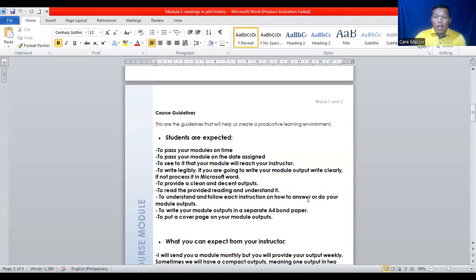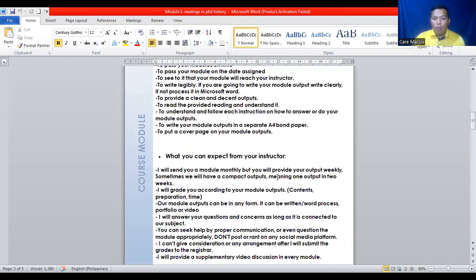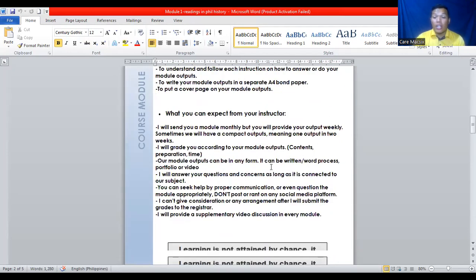So you can see in the second page, I have also printed the course guidelines. This is what is expected from you as a student, and you can also expect the same from me. So it is clear there that there is a supplementary video discussion in every module. So I will do it.